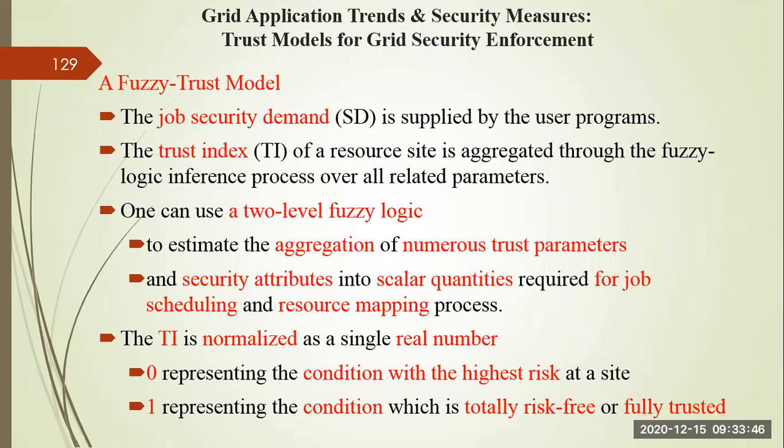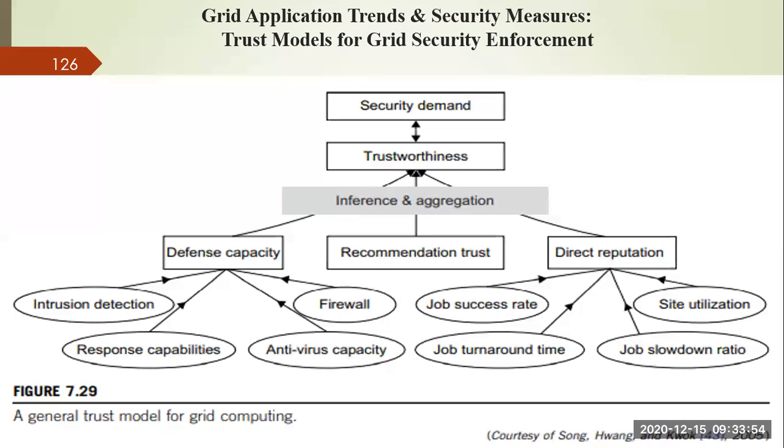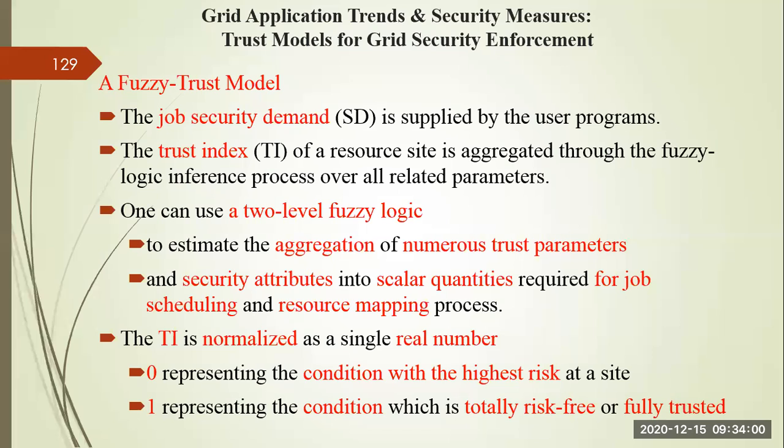In the first level, you have to estimate the aggregation of numerous trust parameters. What are the trust parameters? We have seen three trust parameters here: defense capacity, recommended trust, and direct reputation, right? The second one is, once you aggregate these parameters, the security attribute into scalar quantities required for job scheduling and resource mapping.